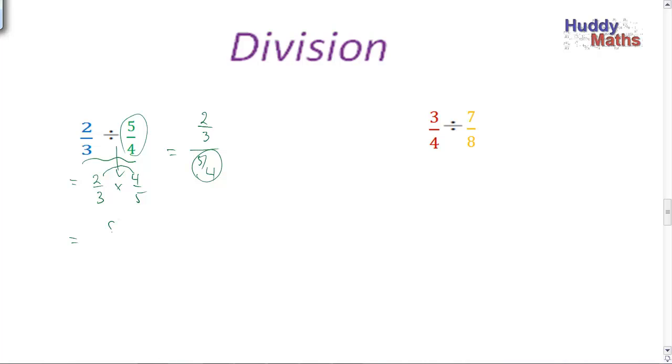2 by 4 is 8, and 3 times 5 is 15. So we've actually changed division into a multiplication problem. Okay, under that rule. What about this one over here? 3/4 divided by 7/8. You could write it like this. And then the rule says 3/4 times 8 over 7.